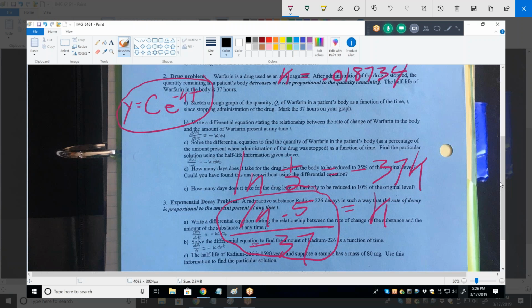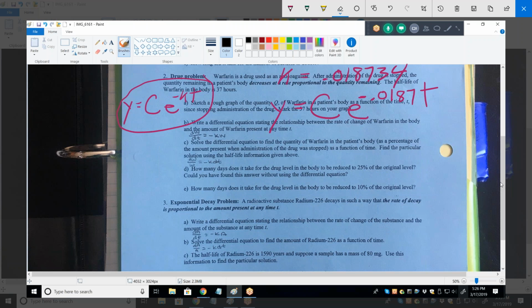Okay, so there's our k. So now we have y equals, still haven't solved for c yet, e to the minus 0.0187, I'm going to round that off, t. And now we've got to solve for c to come up with the particular solution. We need both c and k.